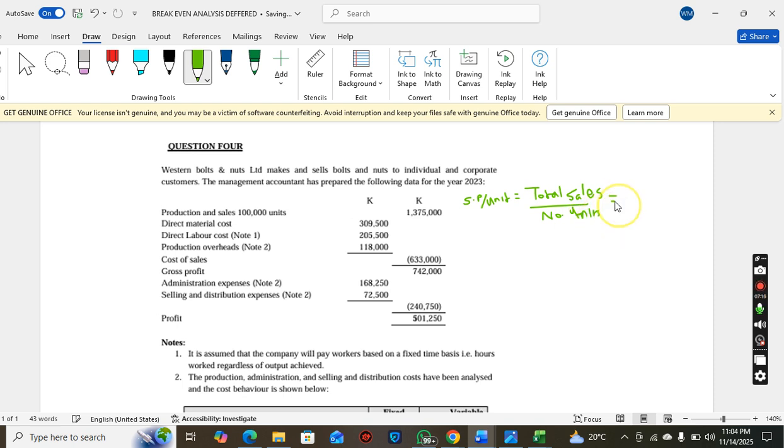So this is going to be 1,375,000 divided by the total number of units, 100,000 units. The answer is 1.375.